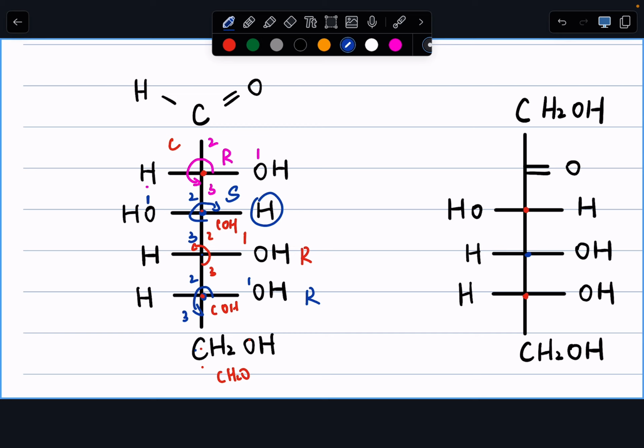For the second one, I think that the top carbon is higher priority than the bottom. Well, again, you count it one by one. Counting the priority is something you want to go slowly on. So this carbon, how many are attached? We have one carbon, one oxygen, one hydrogen. And this one, again, is one carbon, one oxygen, one hydrogen.